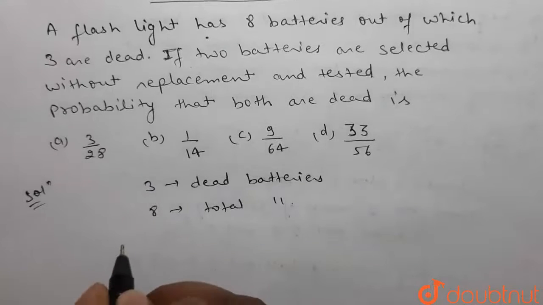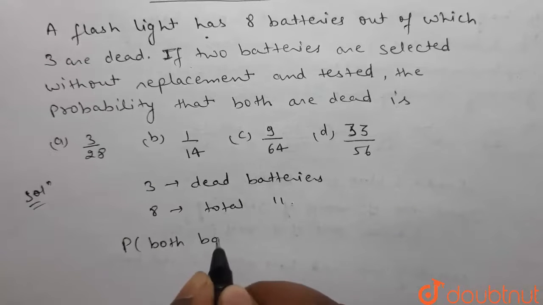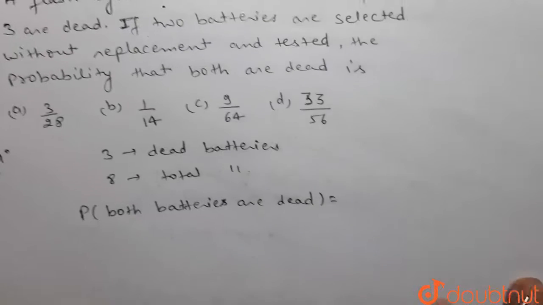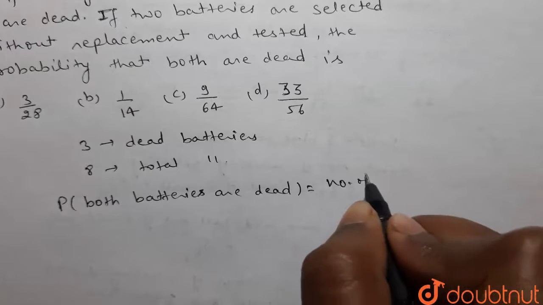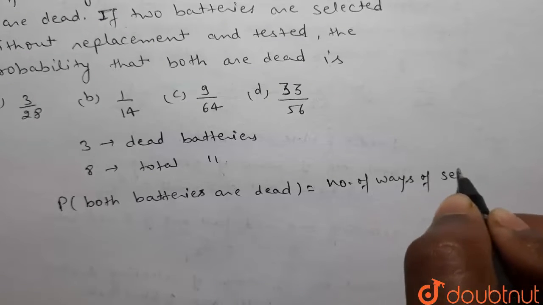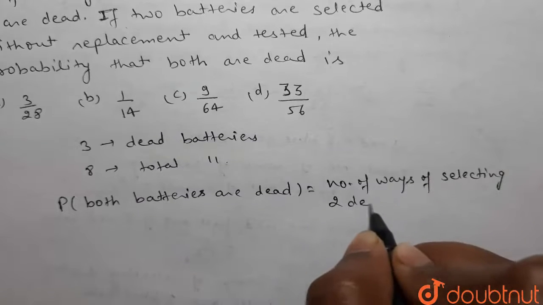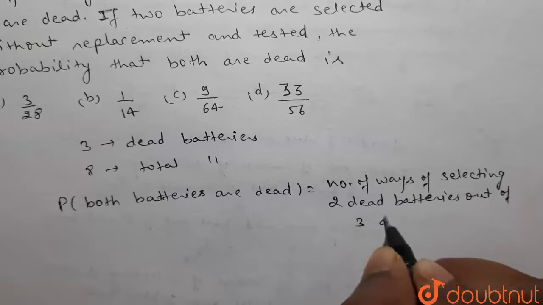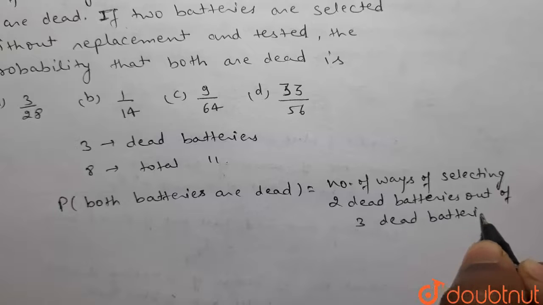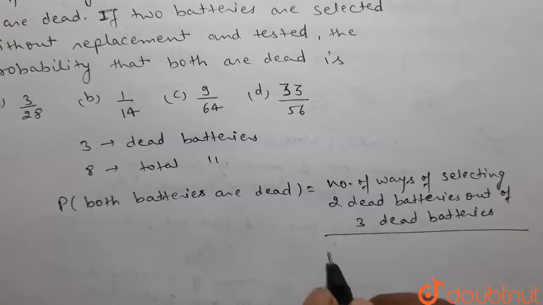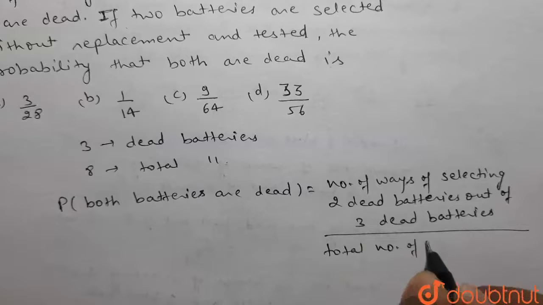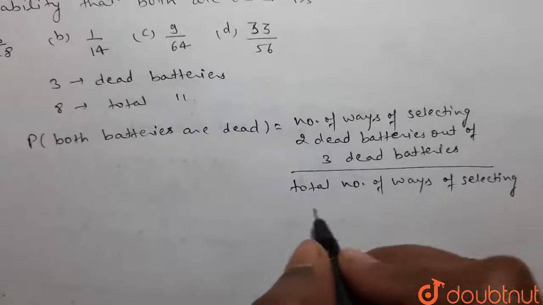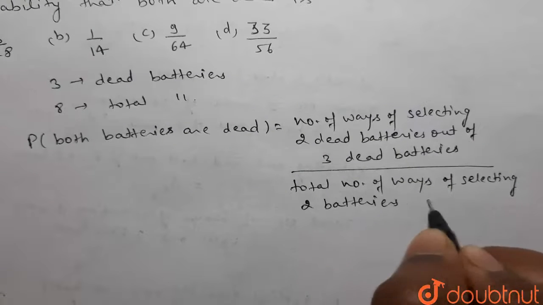Now we have to find the probability that both batteries are dead, which will be equal to the number of ways of selecting 2 dead batteries out of 3 dead batteries divided by the total number of ways of selecting 2 batteries out of 8 batteries.